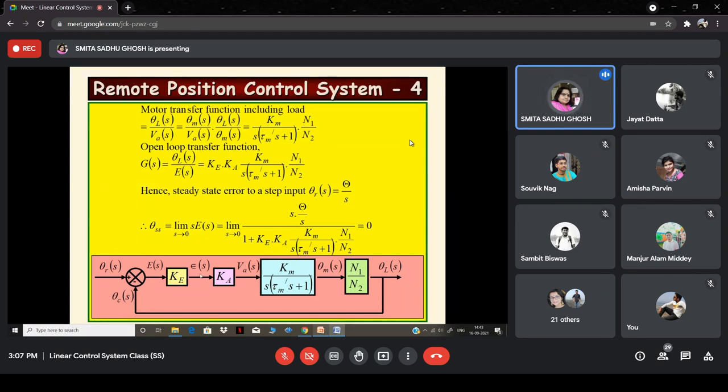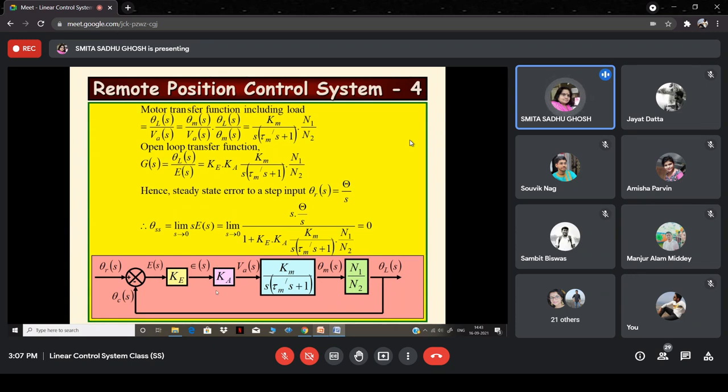That was the model we had derived, and it remains the same here. Theta c is coming from theta L, and theta c is equal to theta L. The output is theta L, and it is fed back directly via the negative feedback. That completes the potentiometric error detector portion, right?